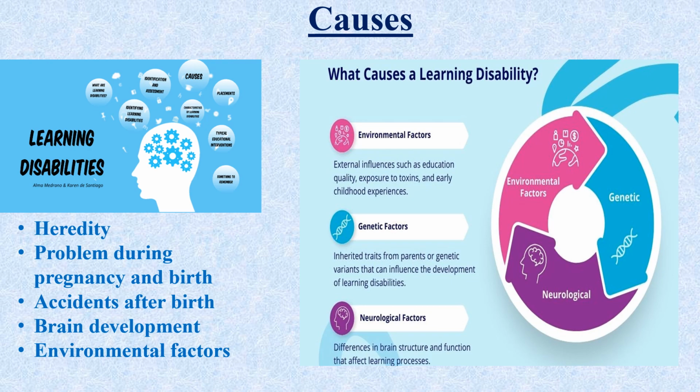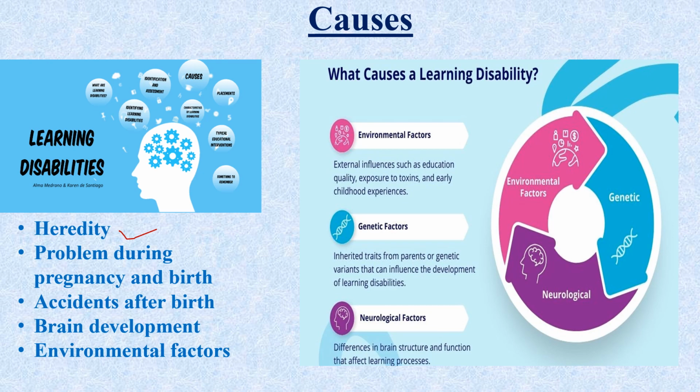Now we will know what are the various causes of learning disability. First cause is heredity, as you can see in this slide. If we say that learning disability has a hereditary component, it means it is passed from parents to children through genetic inheritance.